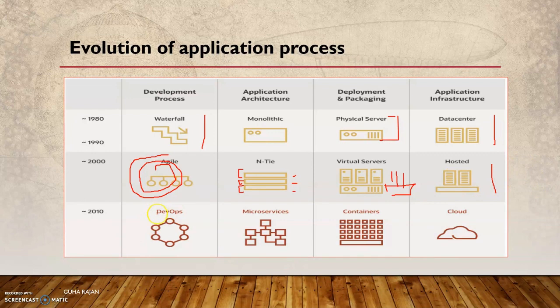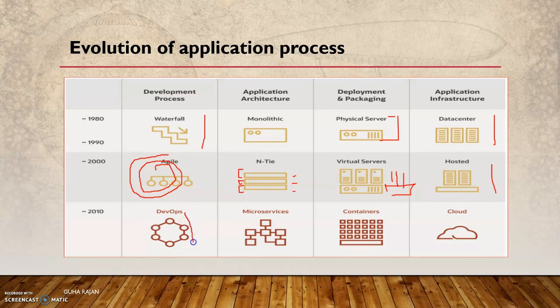2010 onwards, DevOps came into the picture, development and operation. It is similar to the agile model, with continuous development and continuous integration. There is actually no real segregation between the development team and the operation team. They are tightly packed in such a way that the process goes on.